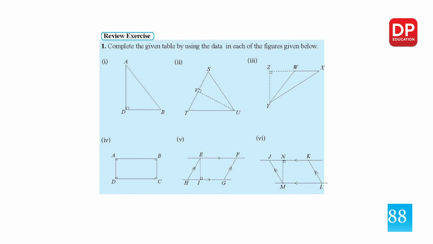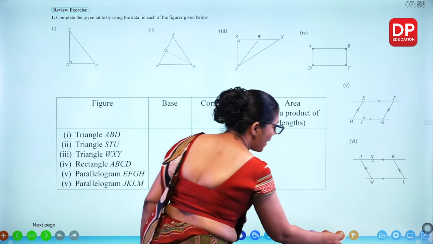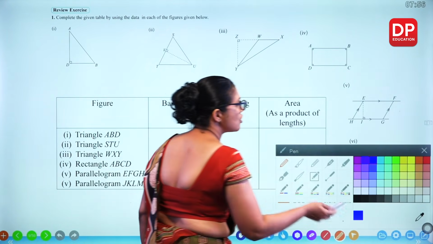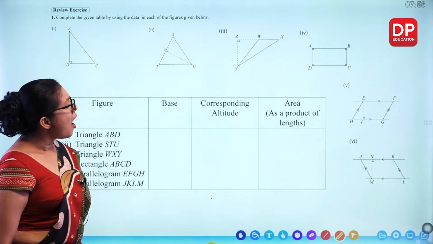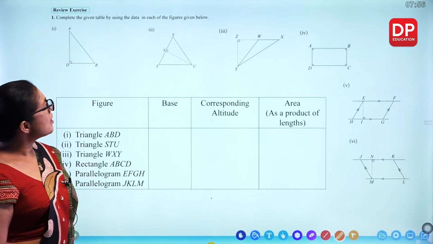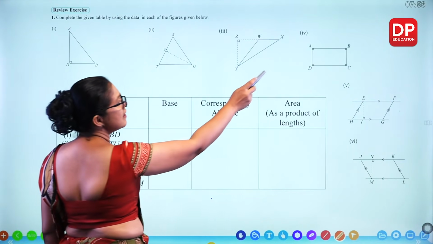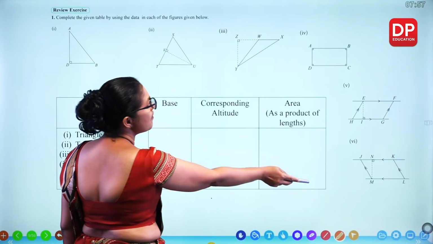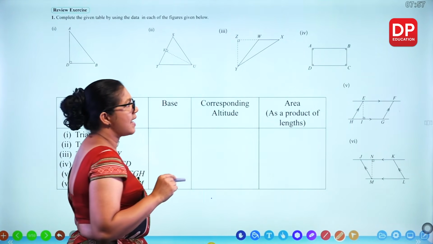Now we'll look at the review exercise in your textbook, and using the basic knowledge you have now, how to find out the answers. In this question, you are given several triangles and several quadrilaterals. These two are parallelograms and this is a rectangle.